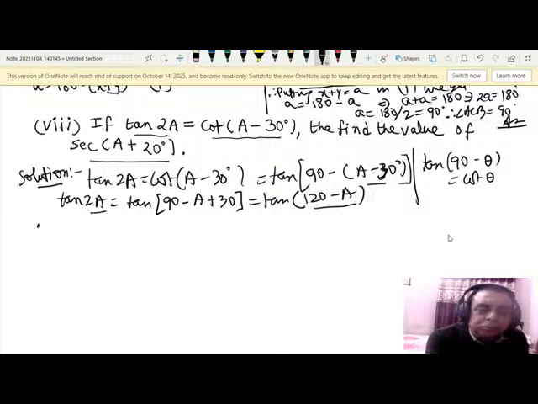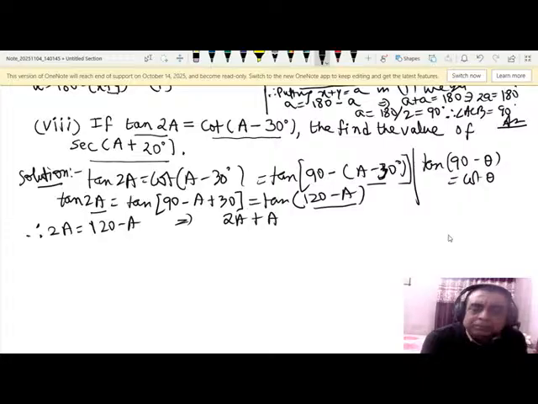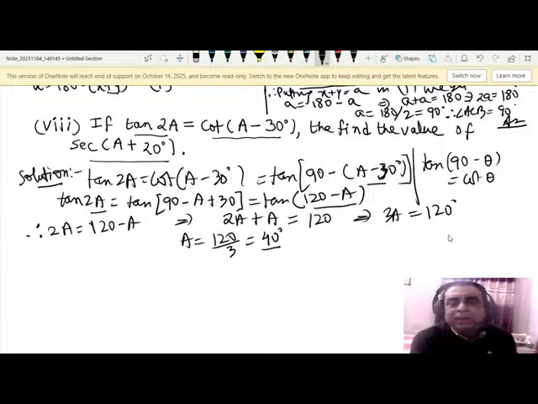So therefore, we will be getting 2A value is 120 minus A. So from here, bring minus A to the left side. So 2A minus A going to the left is plus A. That is same as 120. So 2A plus A is 3A. Value is 120 degree. So what will be the value of A? 120 divided by 3, which is 40 degree. So A value we have found out, 40 degree.